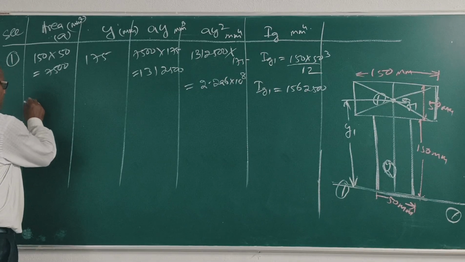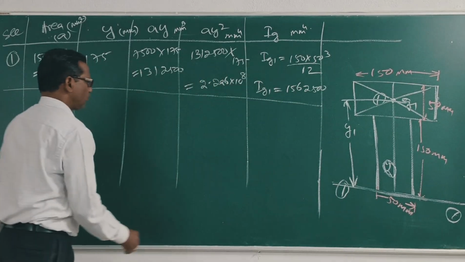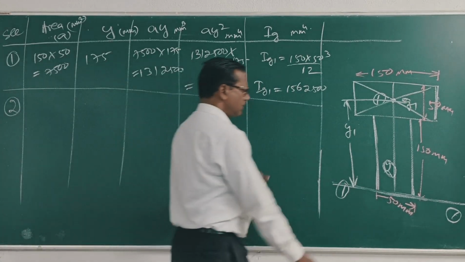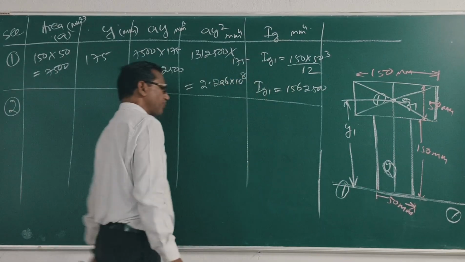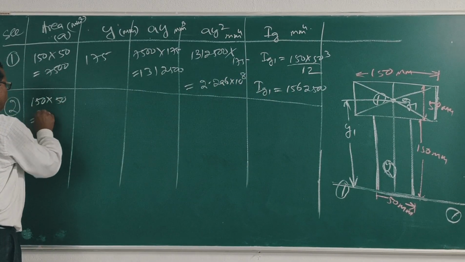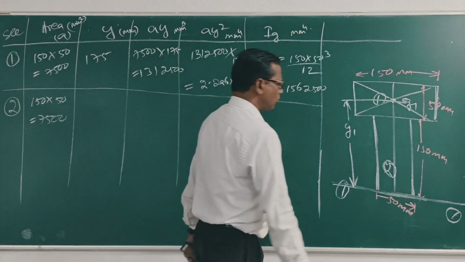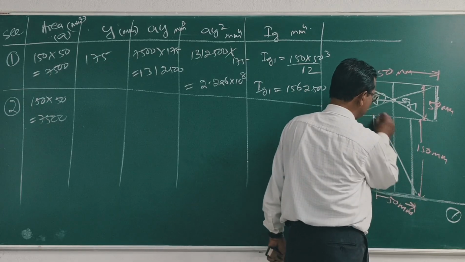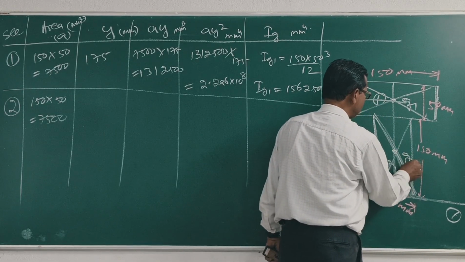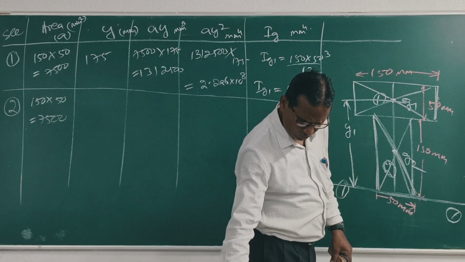Let's come to section 2. What is the area? 150 into 50, that is 7500 mm square. This is G2. Clear? This is Y2.